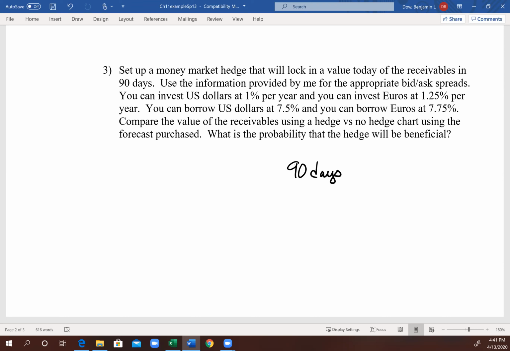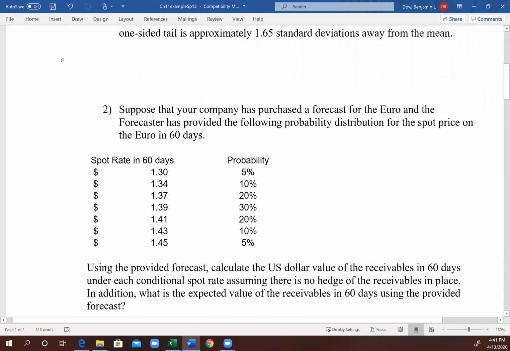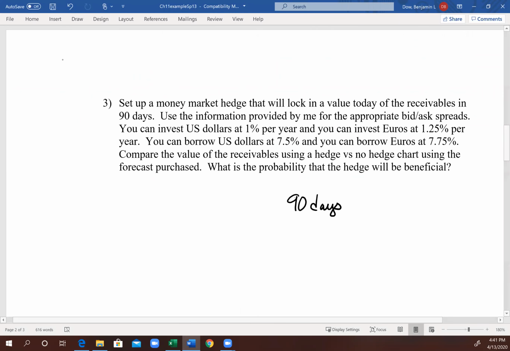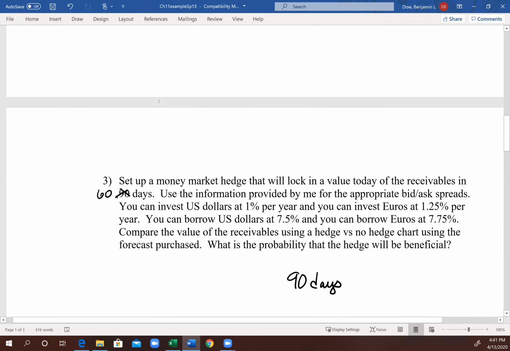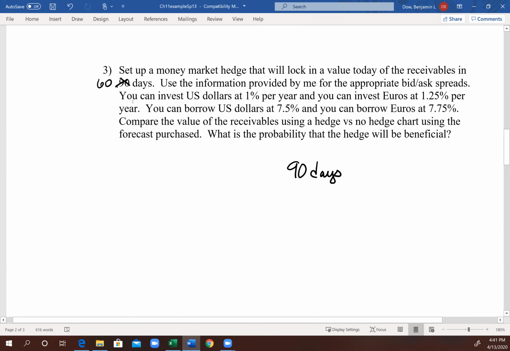Maybe I don't have the right things matched up. All right, change it to 60. This should be 60 days, sorry. Everything should match up with what's above. This was 60 days. This needs to be 60 days. Sorry about that. I'll change it.